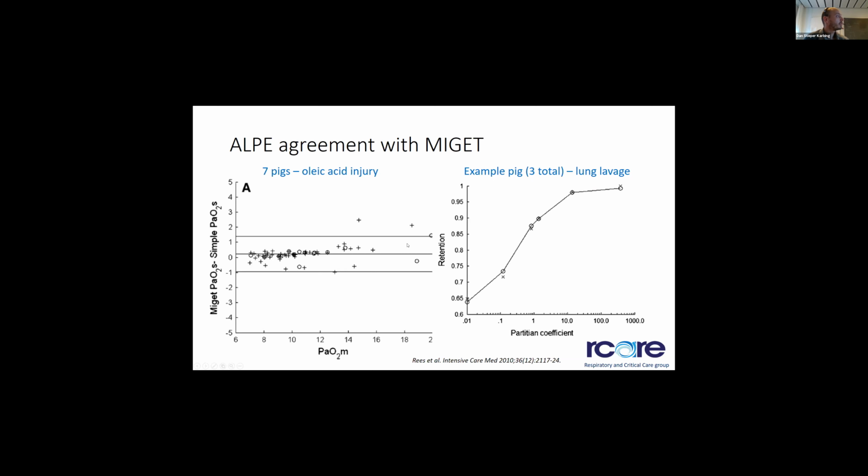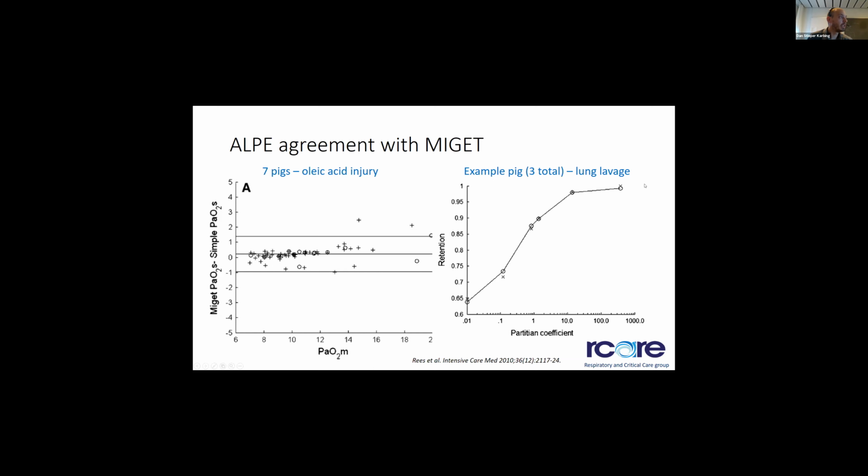In 7 pigs using oleic acid injury, it was shown that the partial pressure of oxygen was similar using the simple model in the LP system with the more complex model of the MIGET technique, shown here in a Bland-Altman plot with limits of agreement around 1 kilopascal, regardless of level, with some more inaccuracy seen in the high levels that are less relevant in the ICU.